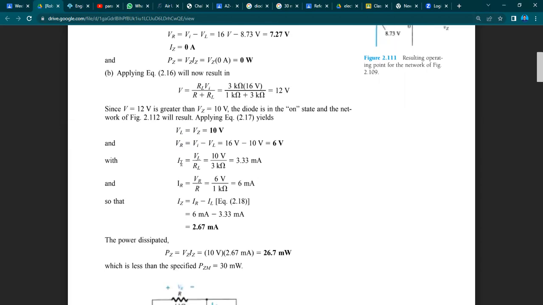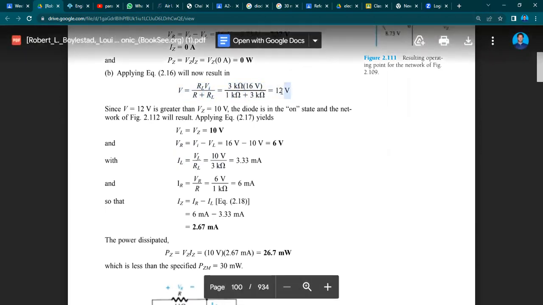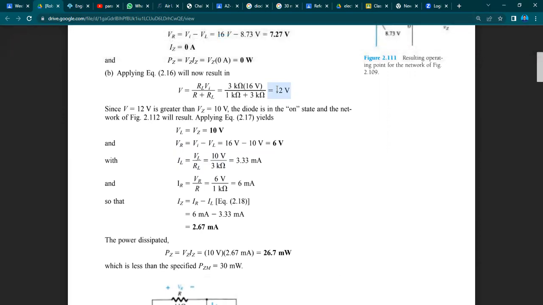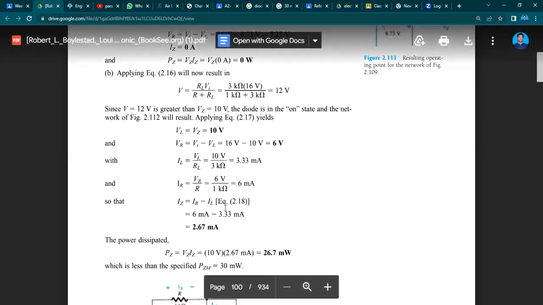The current through the load would be 3 milliamperes, as we know the voltage there is 10 volts. Here we found this 12 volt voltage just to check how much voltage our battery and other resistors are giving at that open circuit branch. We just use this value to conclude whether our diode is in the off state or on state.